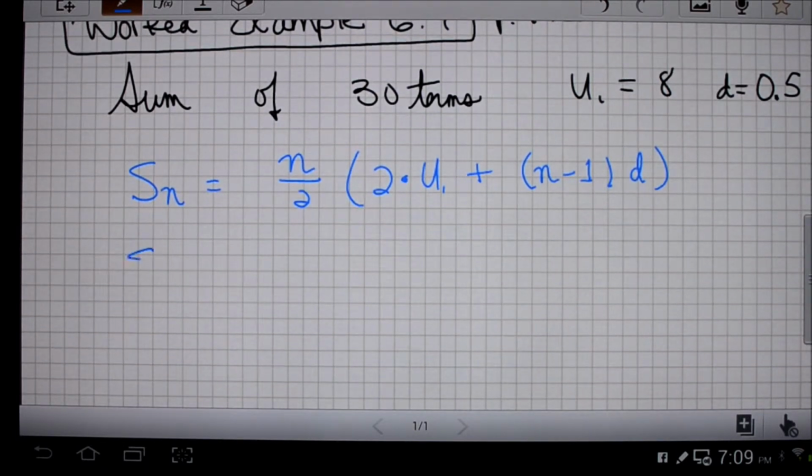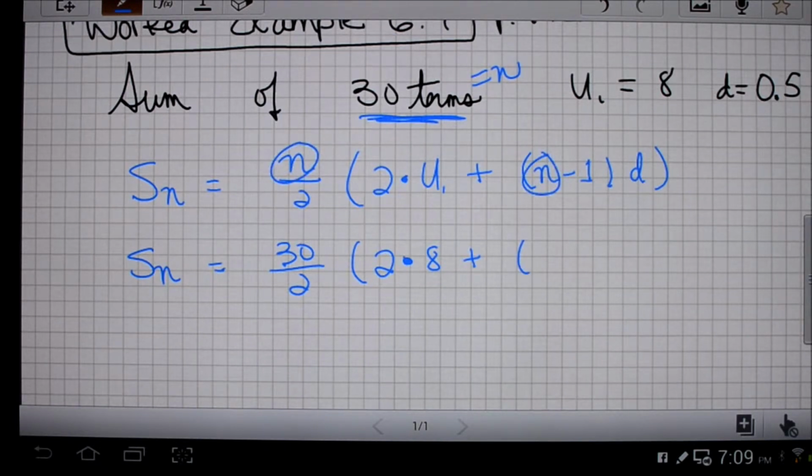The sum of the first n terms, that's what we don't know. It's the first 30 terms, so n is 30. That's nice, it's an even number, so we don't have to worry about a decimal. 2 times u1, which is 8, plus, there's our n again, so you're going to see n twice in this formula.